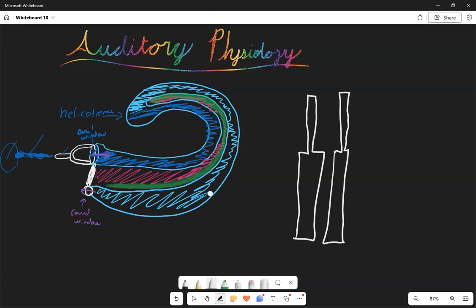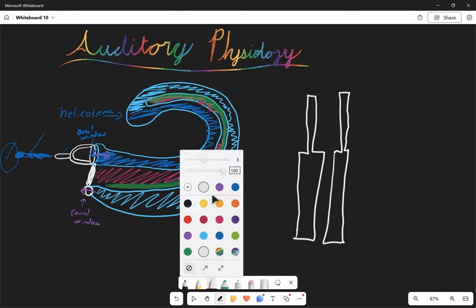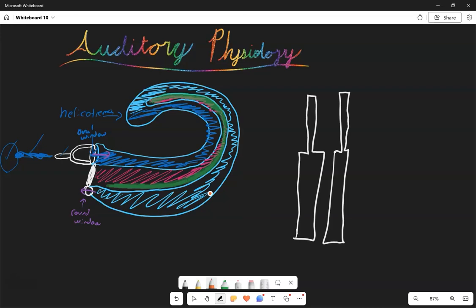Like so. Because remember, those hair cells had these long cytoplasmic extensions on them, those stereocilia. Now, those stereocilia are connected to one another via something like a spring known as a tip link. And that tip link is connected to a channel.